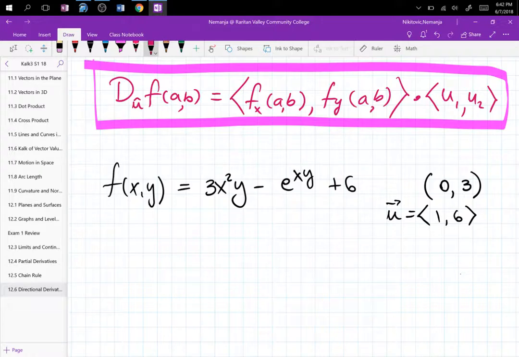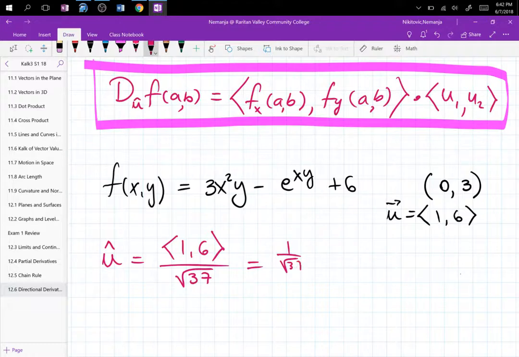So the first order of business that you have is to turn that u vector into a u hat, unit vector, and then you can go about and fix the rest of the problem using the formula above and be done in 5 seconds. Because you can all do dot product eyes closed. So u hat is equal to vector 1, 6 divided by square root of 37, which gives us 1 over root 37, 6 over root 37. This is the unit vector that we need.